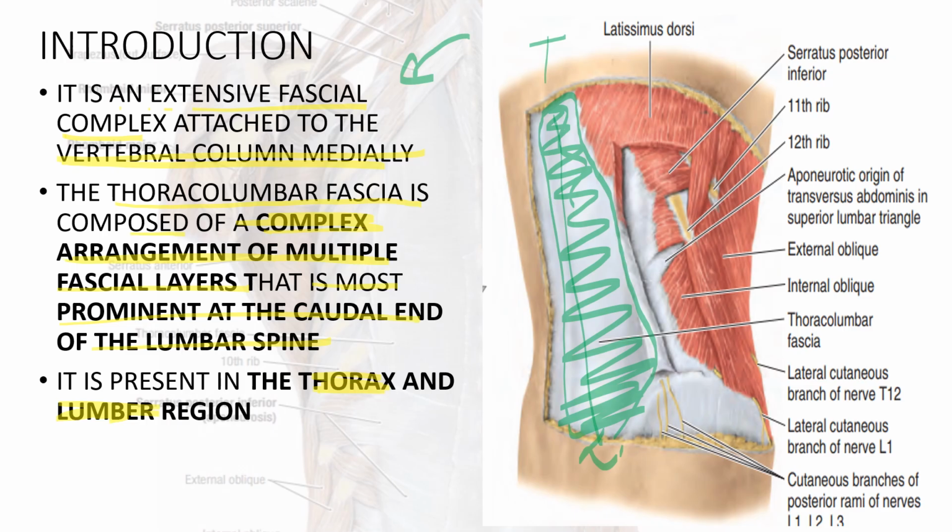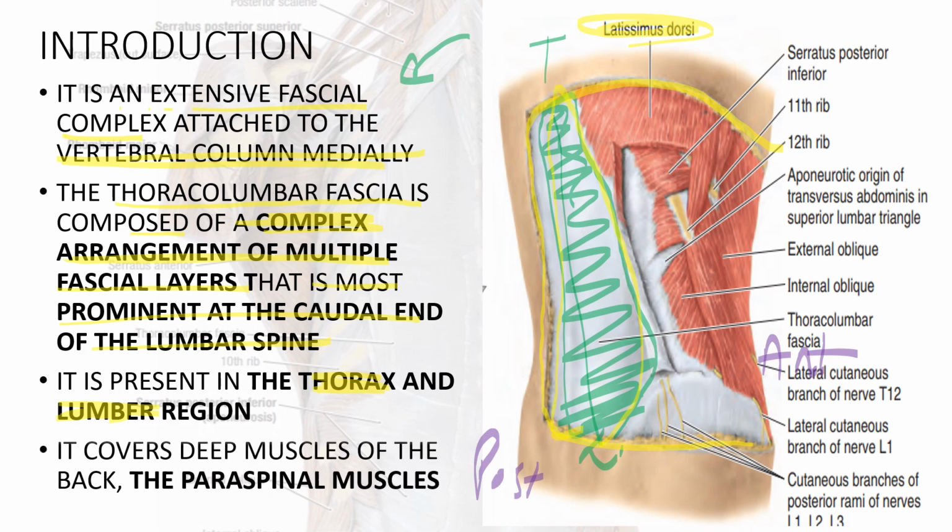You can see here in this diagram, this is the anterior side of the body, this is the posterior side. Posteriorly we have dissected the skin, then we have dissected the part of latissimus dorsi. We can appreciate the thoracolumbar fascia. This fascia covers the deep muscles of the back, mainly the paraspinal muscles.